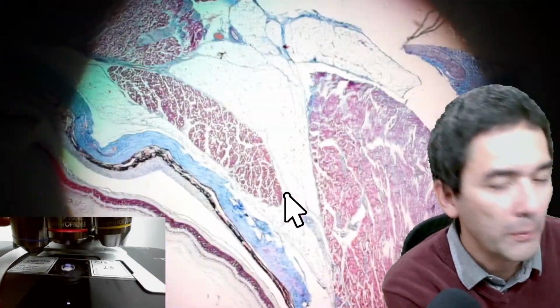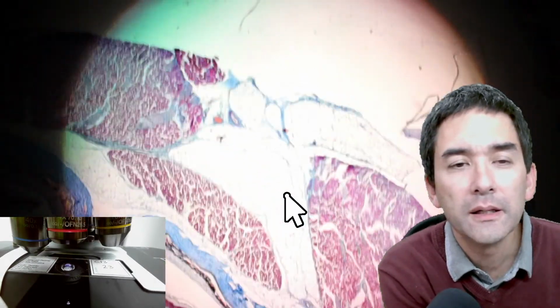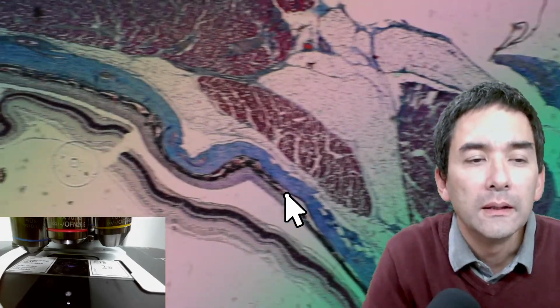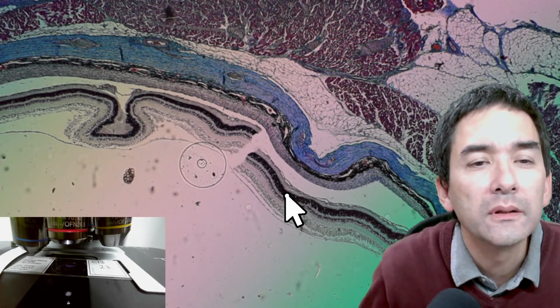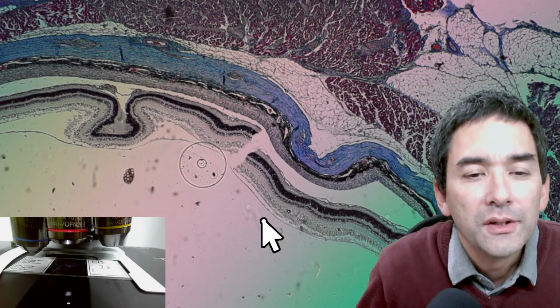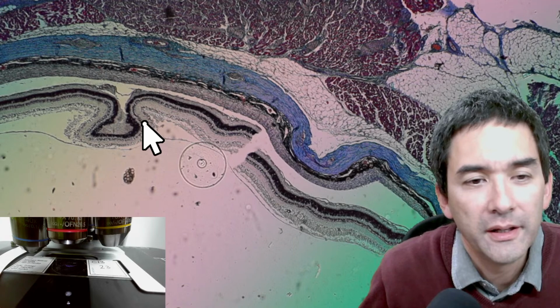Let's start again with a low magnification. Let's have a look here. I need to flip out the, here we go. Yes, look at this. This might be the thing here. So what we have is most likely the retina.